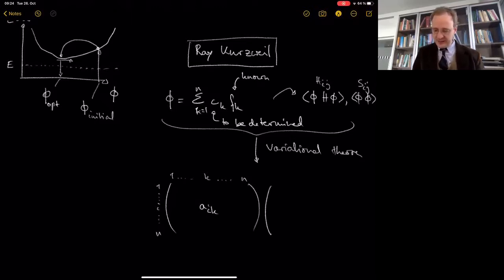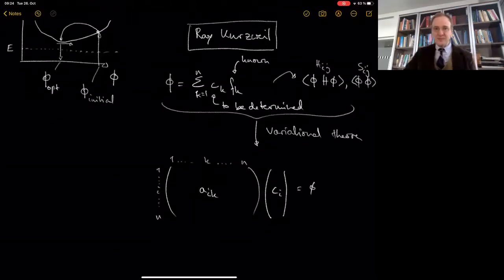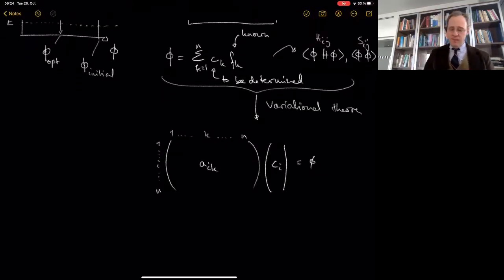And we have seen that there are some coefficients, Ci, and that this whole thing must be 0, right? So you have these two indices, k and i.